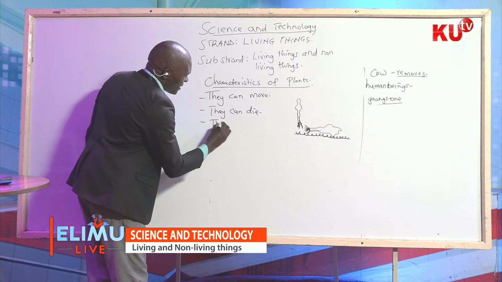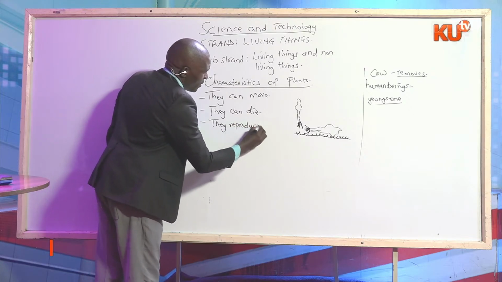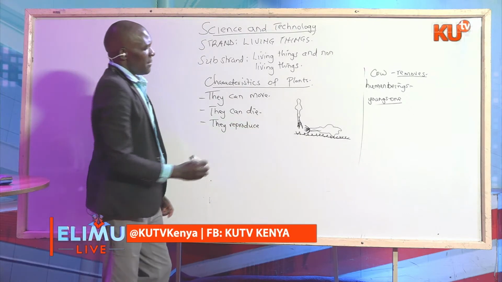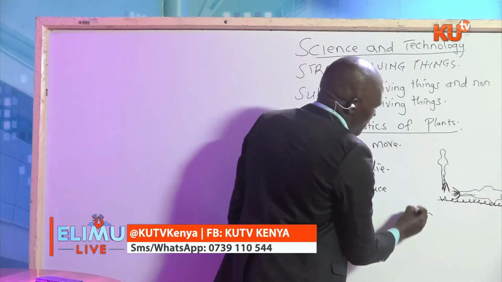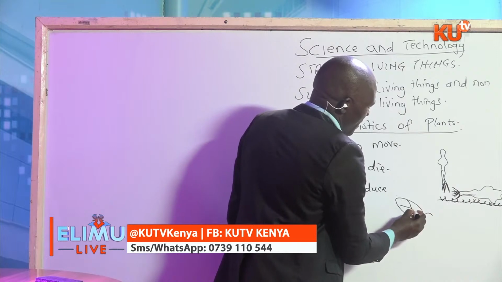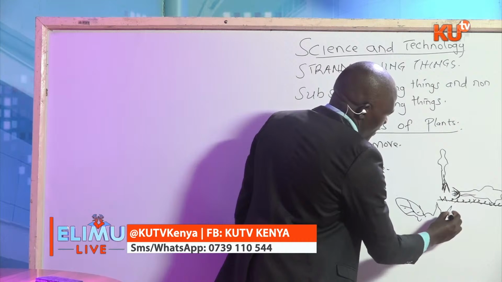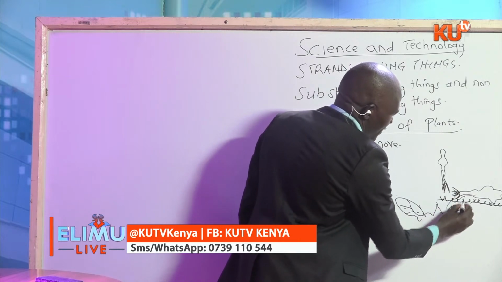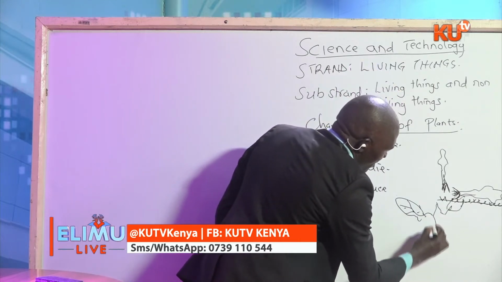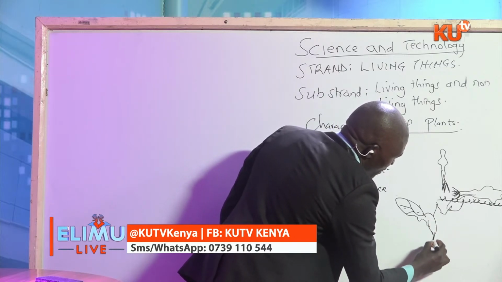They reproduce. Look at a banana plant. When you look at a banana plant, you will realize that it has the ability to reproduce.